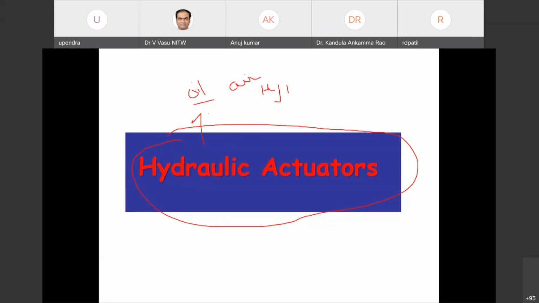The same principles are used. The only difference is that in the hydraulic actuator oil is the working fluid, whereas in the pneumatic actuator air is the working fluid.